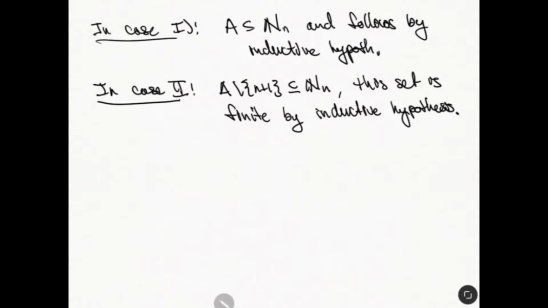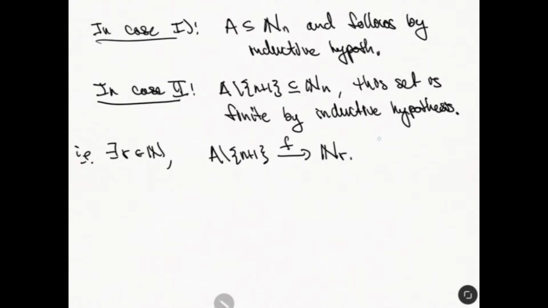So there exists some r in the natural numbers such that A minus {n+1} is isomorphic to N_r, there's a bijection f to N_r.